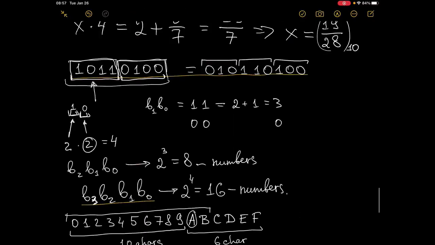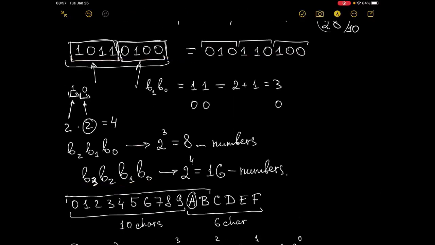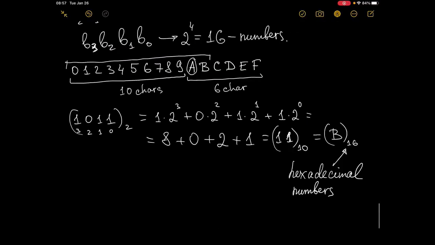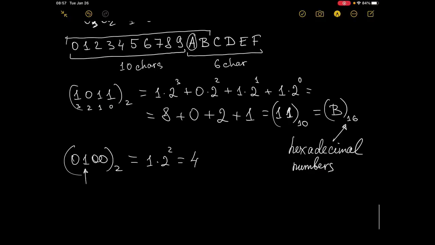Okay, let me consider the second part. It will be 0, 1, 0, 0 binary representation. It's just 1 multiplied by 2 to the second equals 4, right?